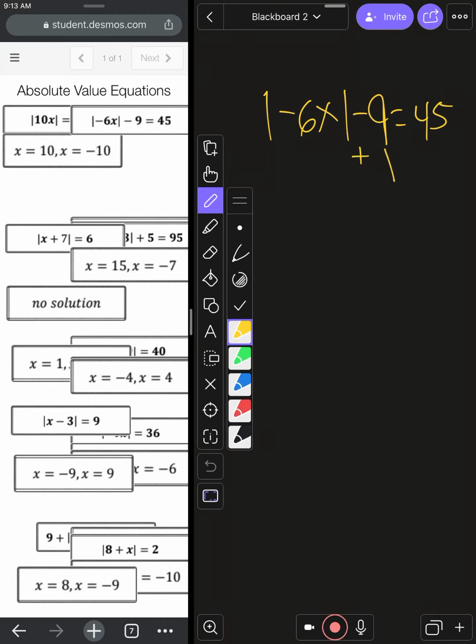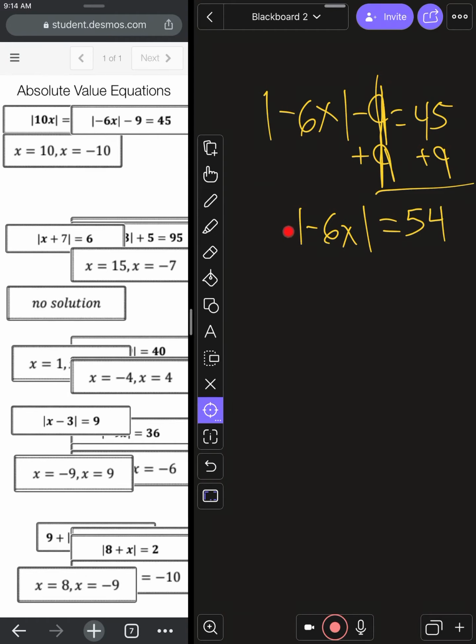Yeah, adding a 9. So I add a 9 to both sides. 9 minus 9, well, that's just 0. So it's gone. And now I have absolute value of negative 6x. That's all that's left on that side, equals 45 plus 9, which is 54.